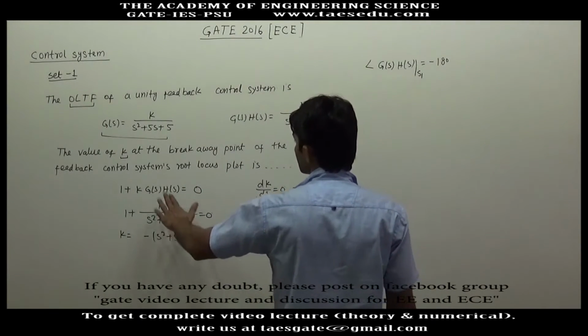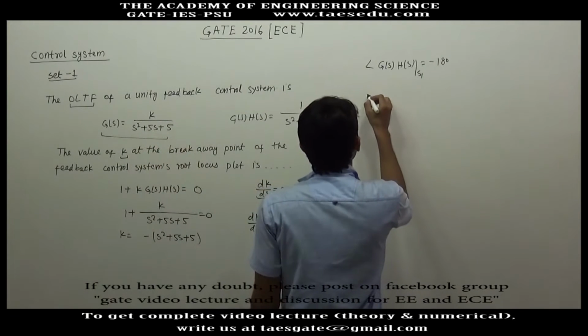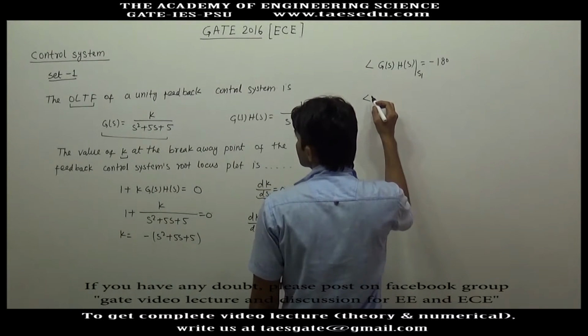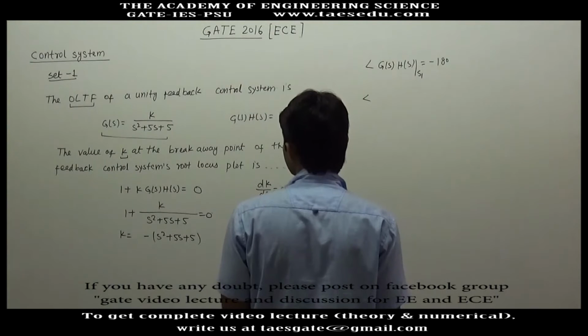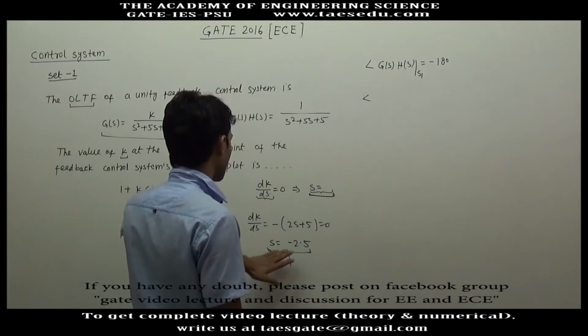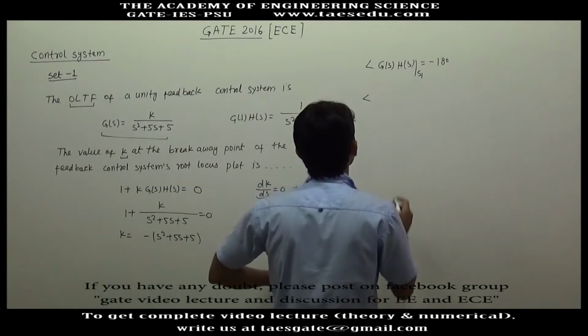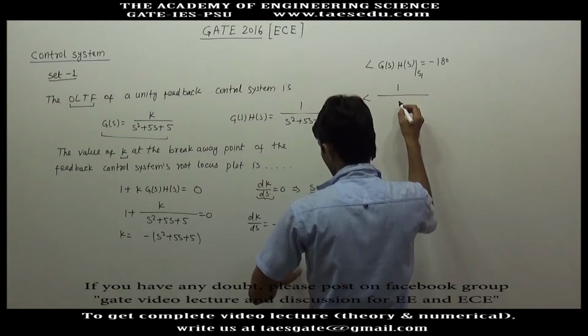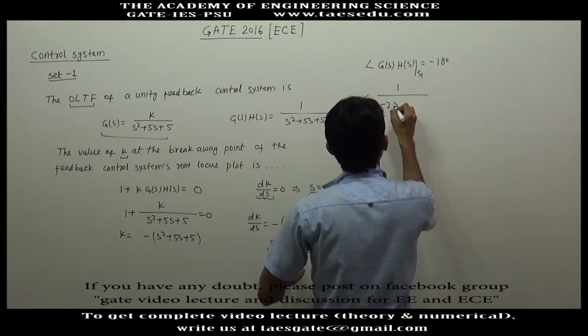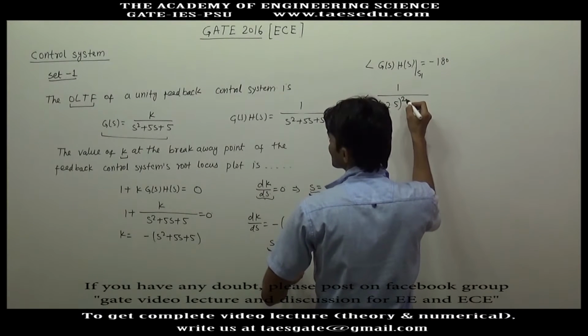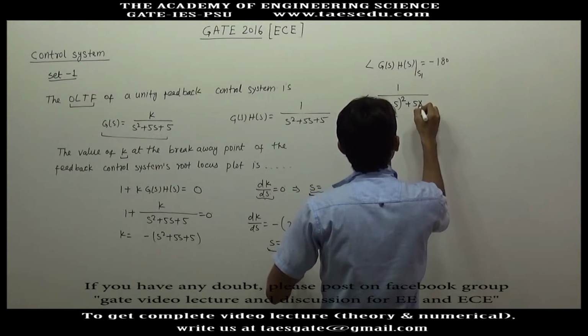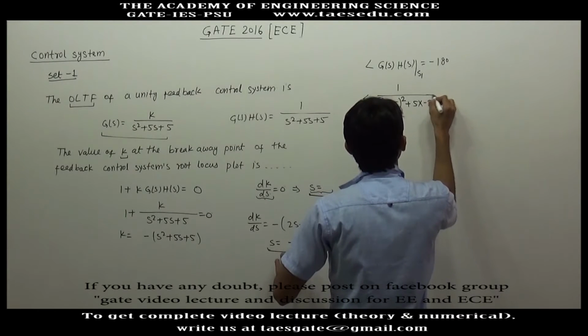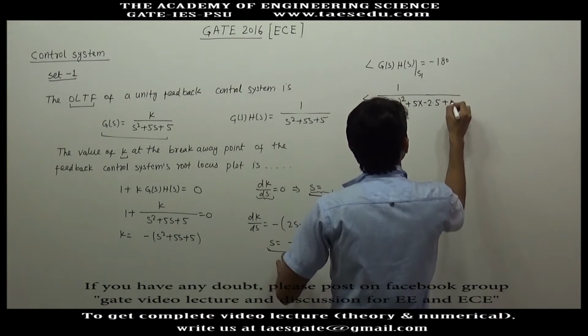So we have to find out the angle of G(s)H(s) when s equals minus 2.5. This will be 1 upon minus 2.5 square plus 5 into minus 2.5 plus 5.